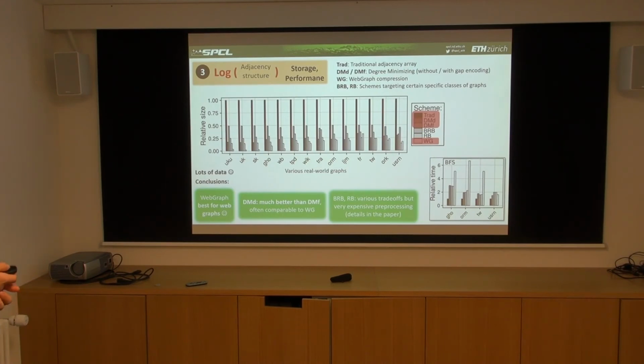The only case where they are not that great, or comparable or slightly worse than WebGraph, is here, where we process a graph which corresponds to the road network, which is understandable because then this graph has a particular different structure that we don't really focus on in LogGraph.